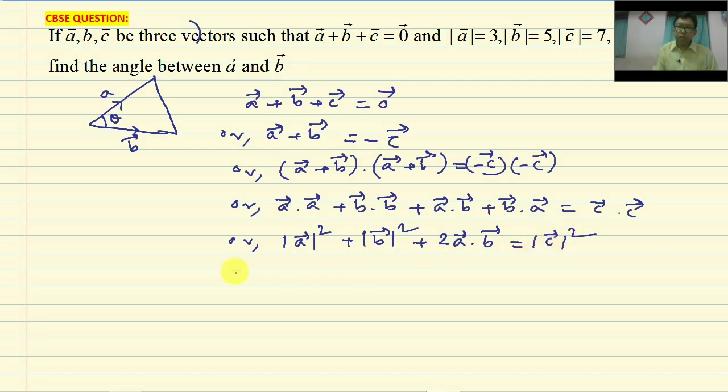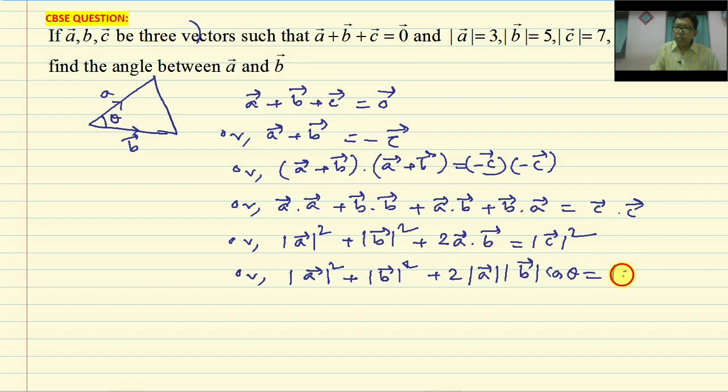Now again you have to write this one: A square plus B square plus 2 A dot B vector is equal to, using the scalar product rule, modulus of A vector modulus of B vector into cos theta, that is equal to modulus of C vector square.